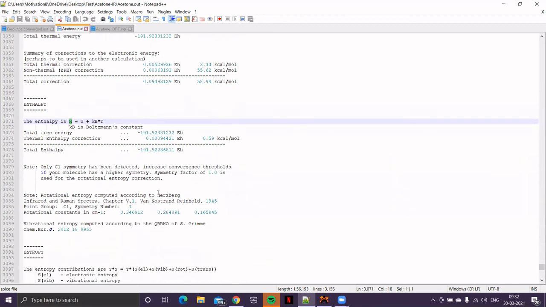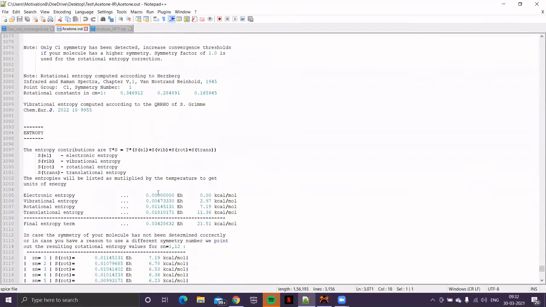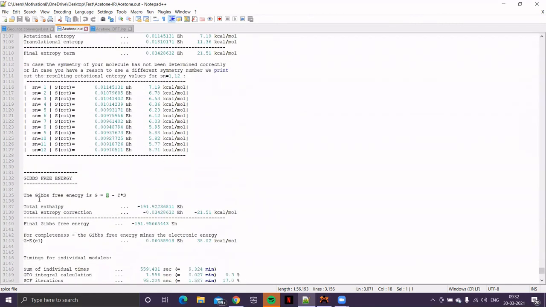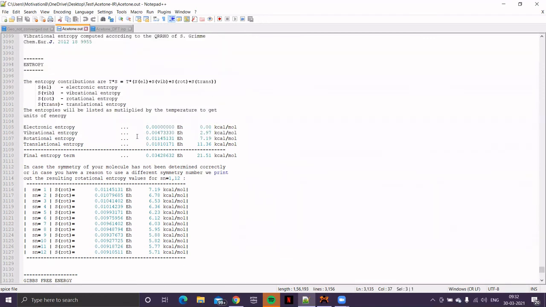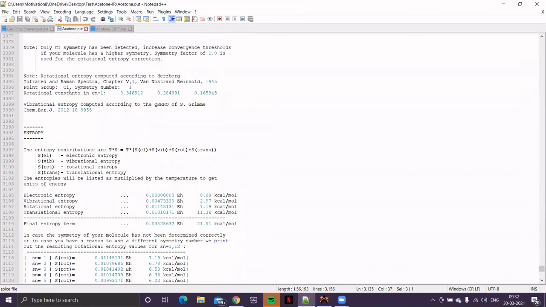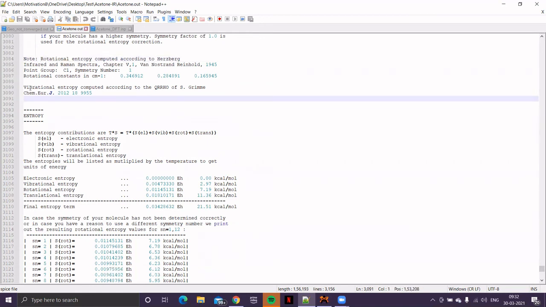And once you have the enthalpy, finally our target is to obtain the Gibbs free energy. For that, you need the value of temperature times entropy. They compute entropy by some standard methods. That's the reference for computing the rotational entropy, and that's the reference for computing the vibrational entropy.